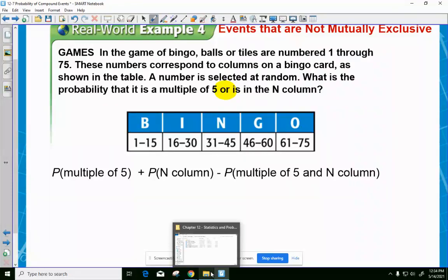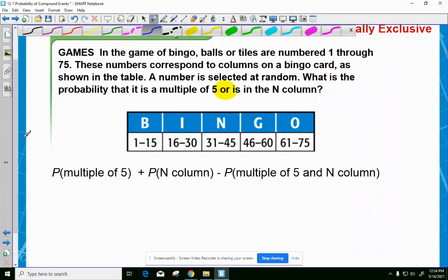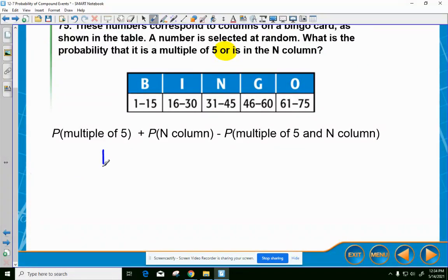In the N column, in the G, and in the O. So a grand total of how many multiples of 5? 15, right? So there are 15 out of how many? 75, okay?